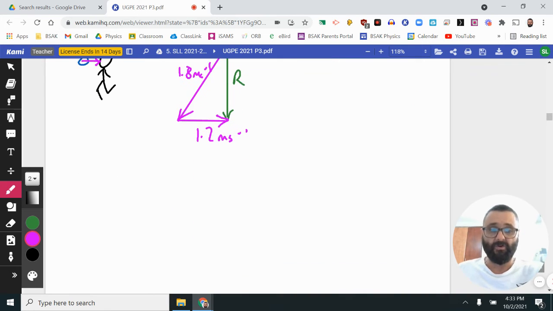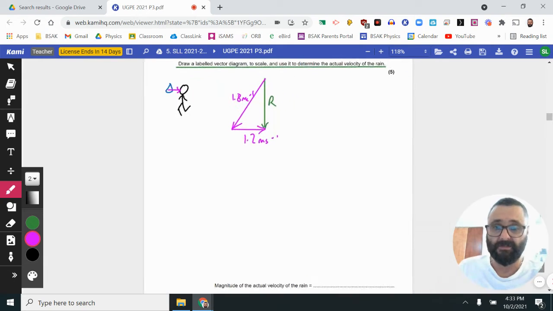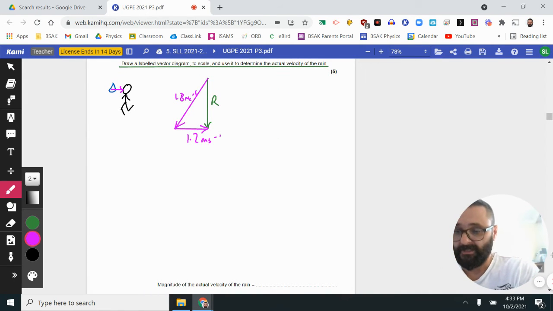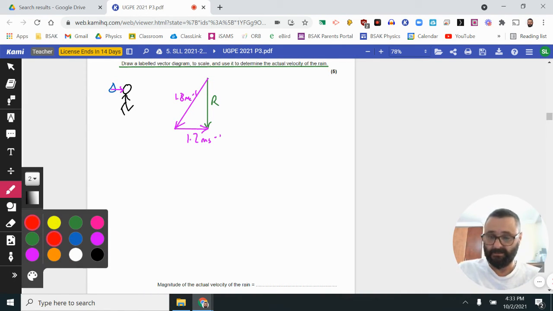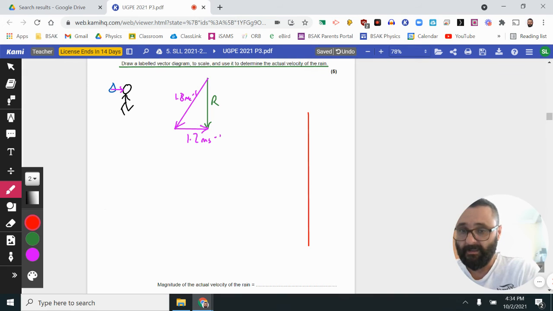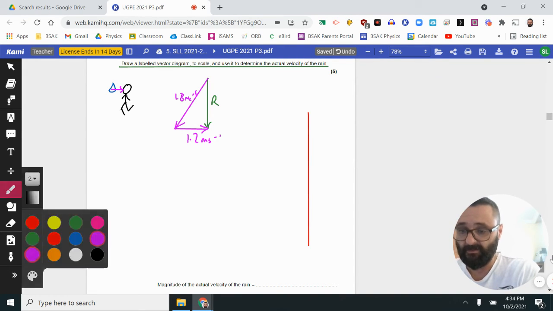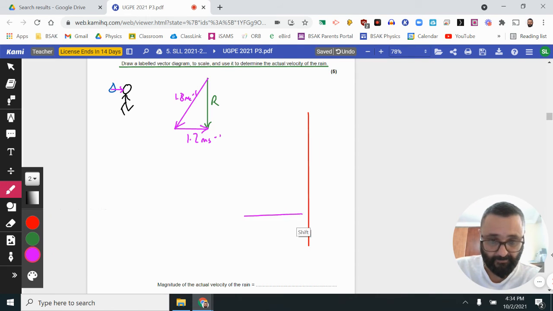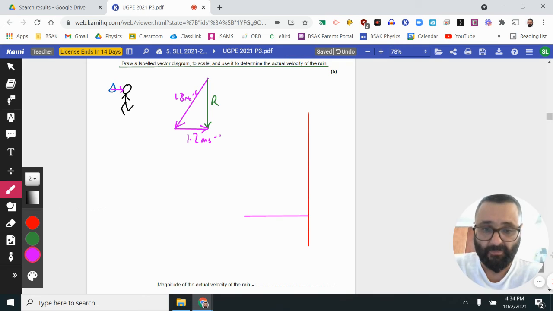So all we had to do here was to draw this nice and neatly to scale. We could draw a vertical like that, and then with our ruler, once we've figured out our scale, we're going to draw in something that represents 1.2.